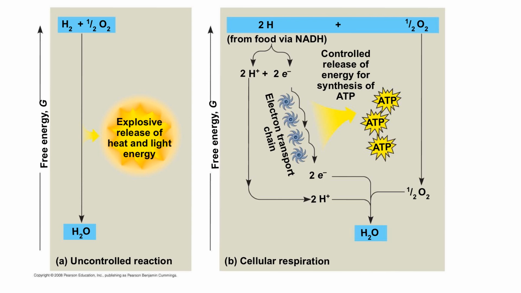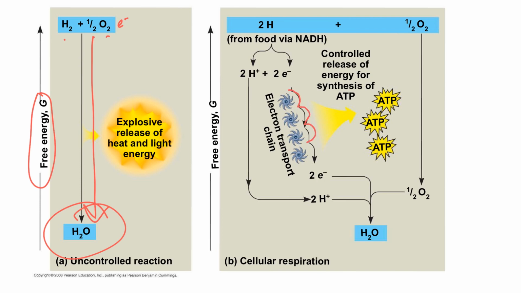So here is back to this free energy thing, right? So I've got some high energy electrons that are up here. If I let the hydrogens react with the oxygens in one big step to make water, it would be an explosive release of heat and light. And so instead of that happening, we're going to see that the electrons are going to be passed in a step-by-step process, kind of like electron hot potato.